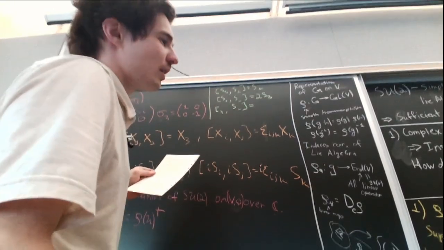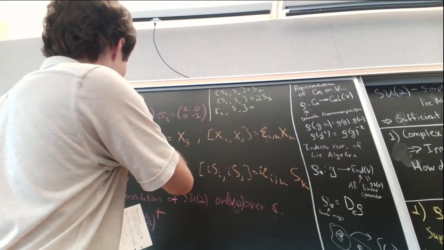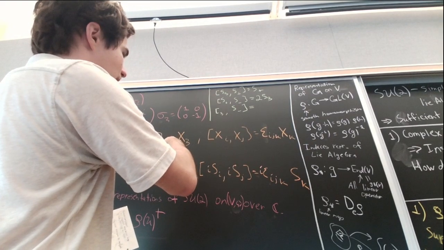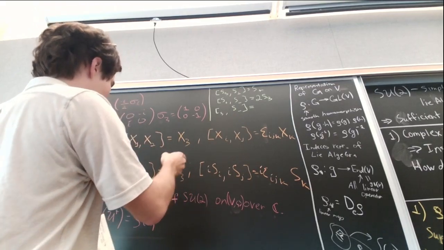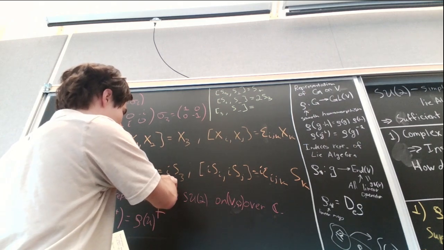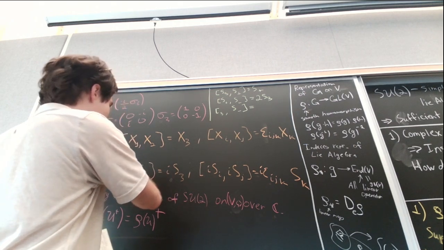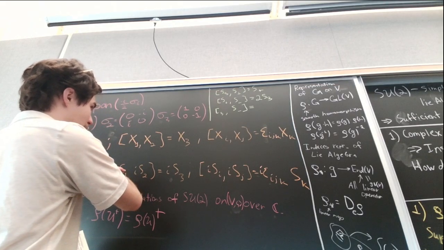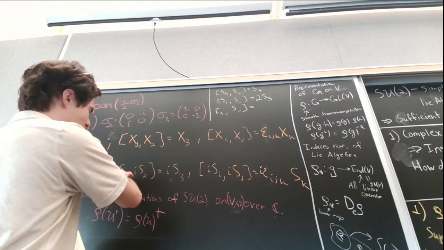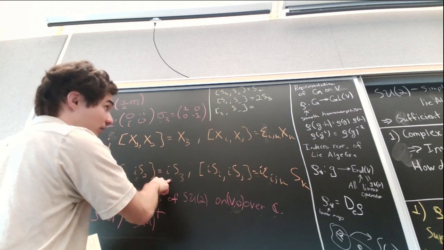Sorry, let's just check this. So S minus is S1 minus i S2, and S3 with S1 is going to give me, sorry, where is S3? S3 with S1 is going to give me minus, S2. Sorry, is that right? I need i's. Yes, so S1 with S3 is going to give me i S2.